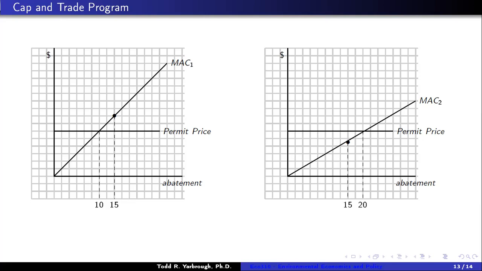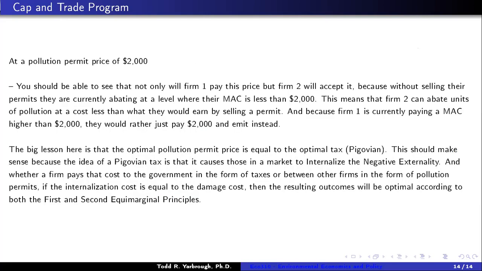And the outcome is exactly what we saw under the second equimarginal principle, which we also saw under the Pigovian tax. So the Pigovian tax, as well as the cap and trade program, theoretically should enable us to achieve the cost-effective and optimal level of pollution, which is not only for the total level of abatement to be equal to 30 units, but that firm two will have abated 20 of those units, and firm one will have abated 10 of those units.